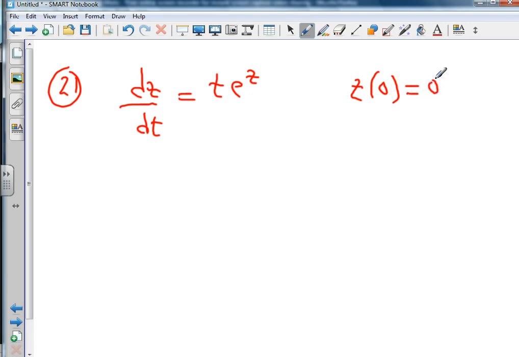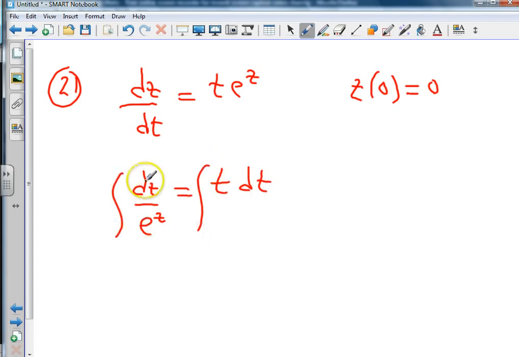How do you separate this? dz over e to the z equals t dt. And you can integrate both sides. You're thinking u-sub? Not yet.